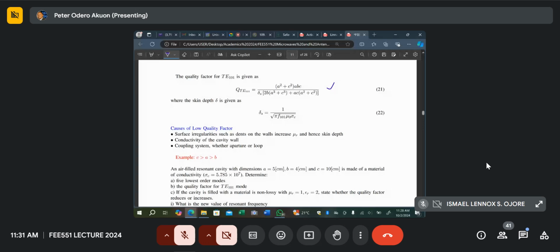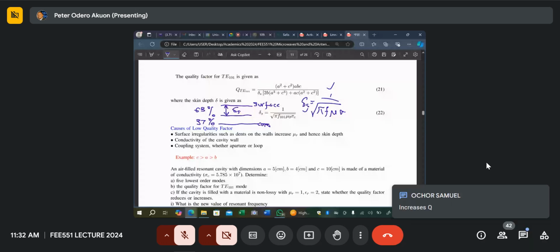Looking at equations 21 and 22, what does the high conductivity of the cavity wall do to the quality factor? Does it increase it or lower it? It increases.